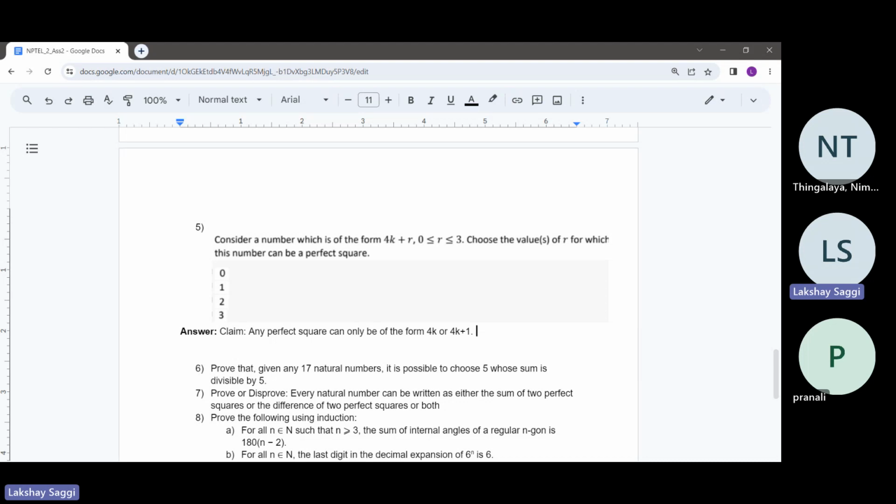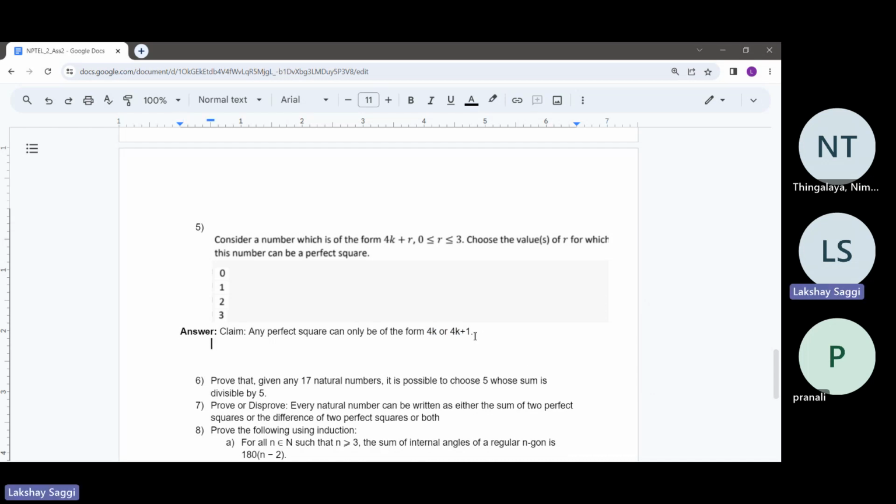This does not mean that any number of the form 4k will be a perfect square. Let's say the number 8 is not a perfect square, but it can be written in the form 4k. What I'm claiming is if a number is a perfect square, then it can be written as 4k or 4k plus 1.